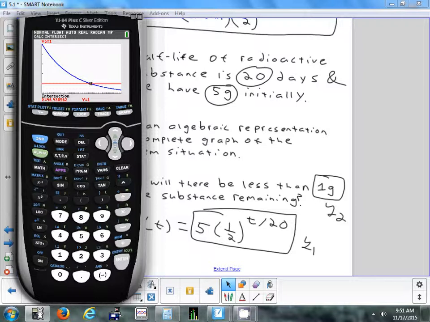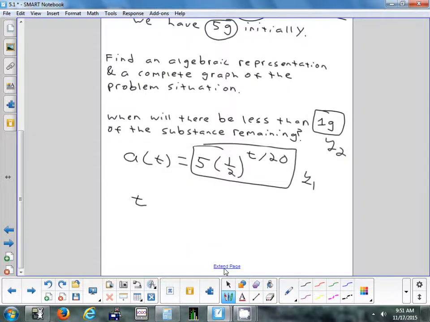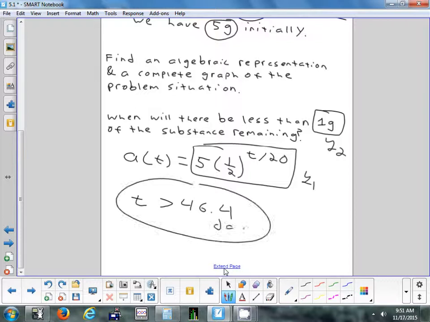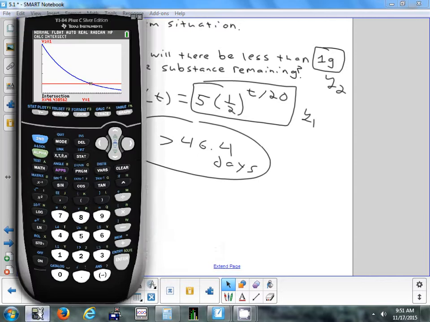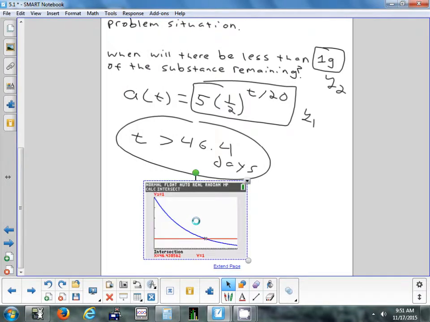So any time after that, I'll have less than a gram. Okay? It's just gonna keep decreasing after that point. So 46.4 days. Okay, does everyone see that any time after 46 days, you just have less and less and less? It just keeps dropping.